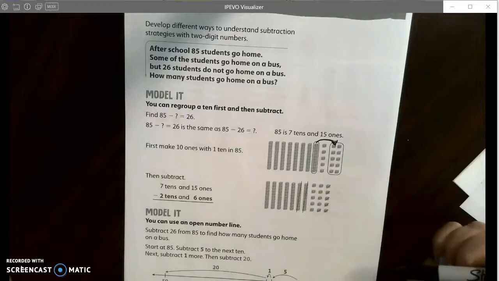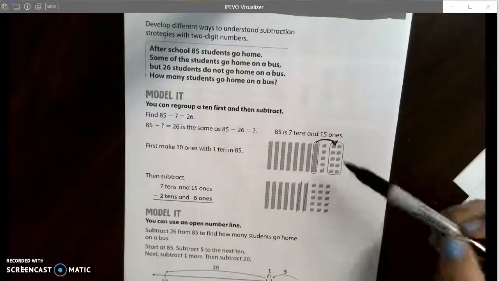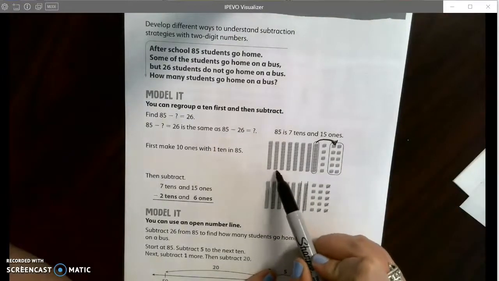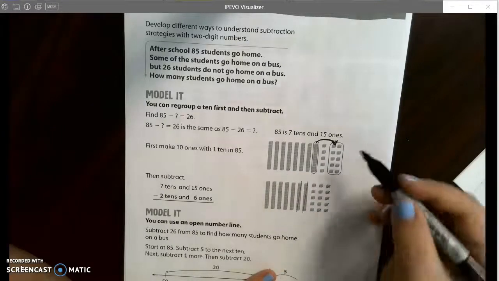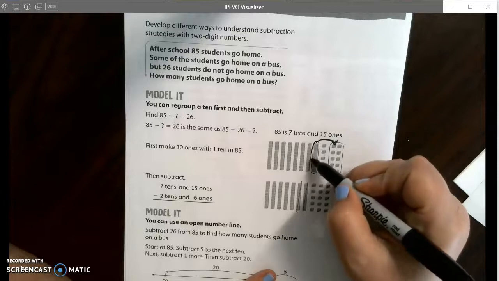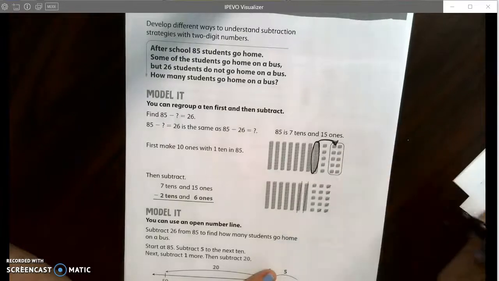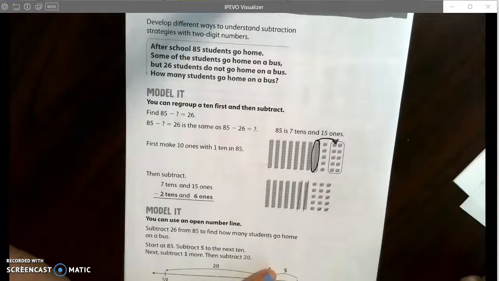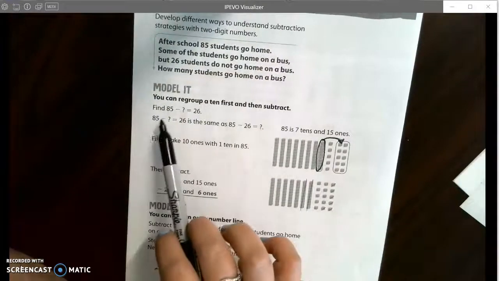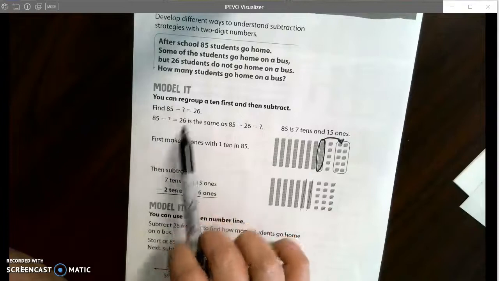You can do it using base 10 blocks this way. So they're showing you 1, 2, 3, 4, 5, 6, 7, 8. But this 8th one is the one that we bought from the store. We're bringing it home and we're unpacking it. Then, let's see, 85 minus 26.